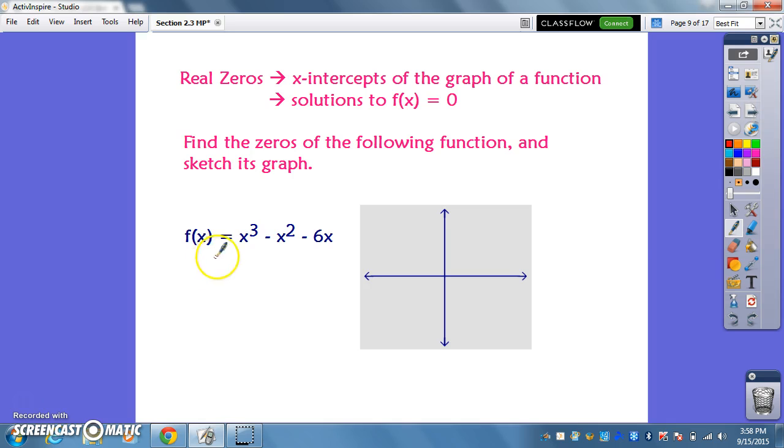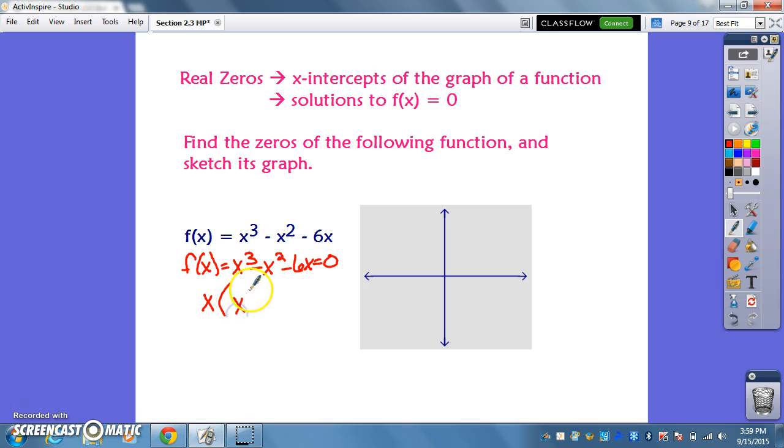Alright, so on this one what we want to do is set it equal to 0 and solve. And how we're going to solve this is by factoring, and I would always try factoring first. We might run into some cases where factoring doesn't work and we'll have to use another method, but I think for this one factoring does work. We can factor out an x, GCF of x, because all three terms have an x.